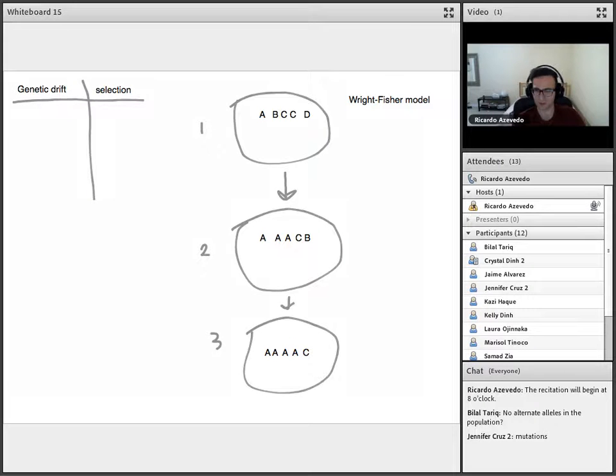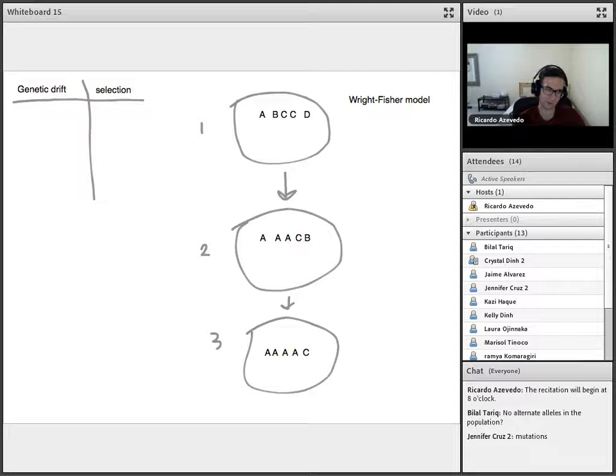In the second generation, we have 3 types, and in the third generation, only 2 types. The process that we used to create the next generation was simply a random process. We went through the individuals in the population and picked individuals at random, as long as they were alive.